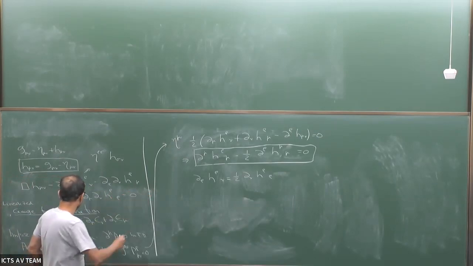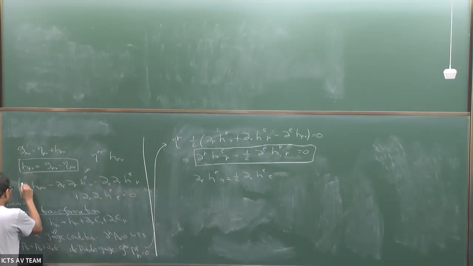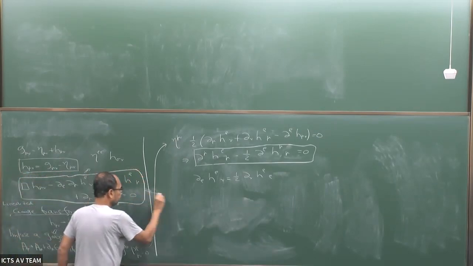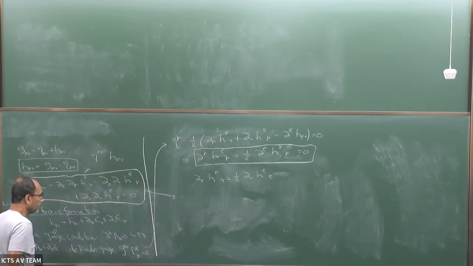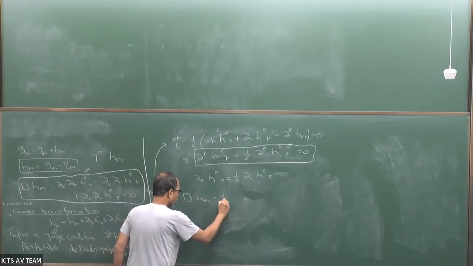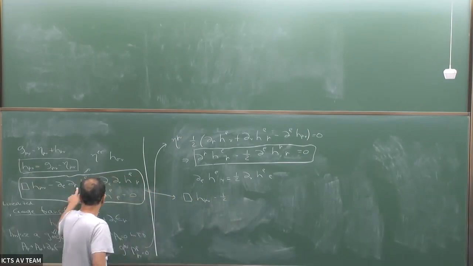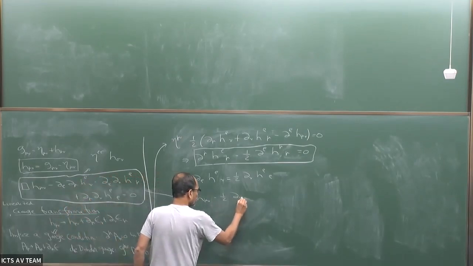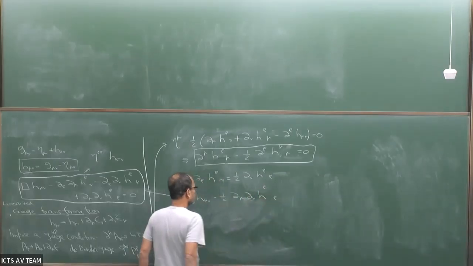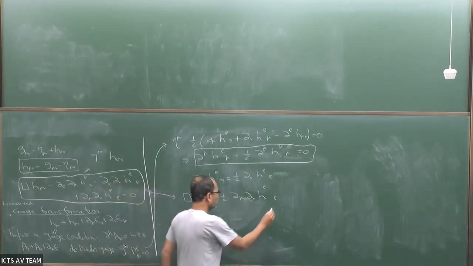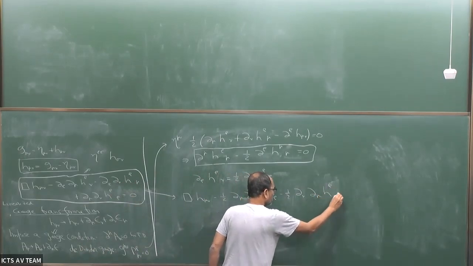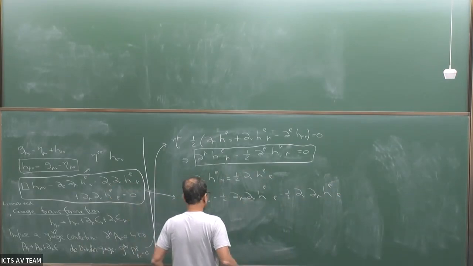So once you use that equation, this equation becomes box h mu nu minus half, and the last term we keep as it is.